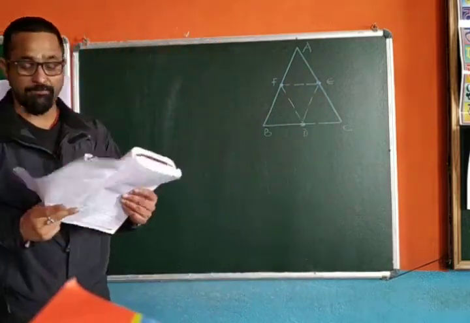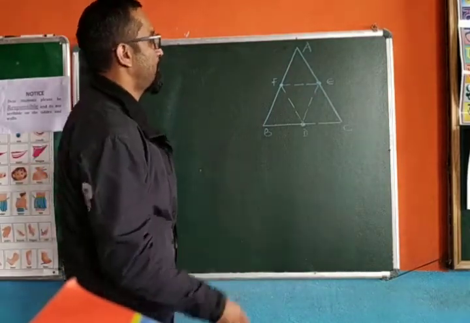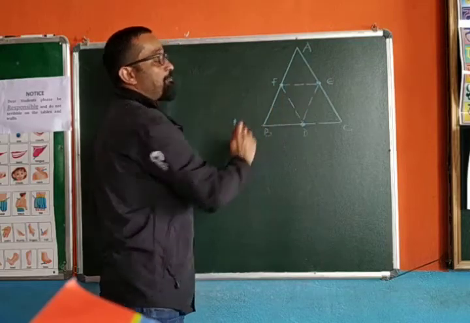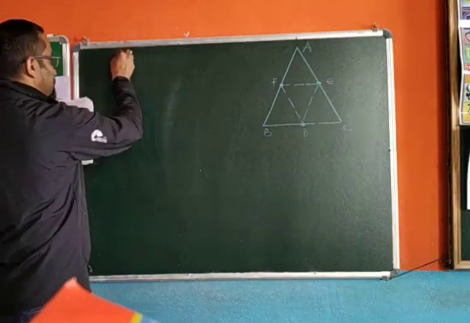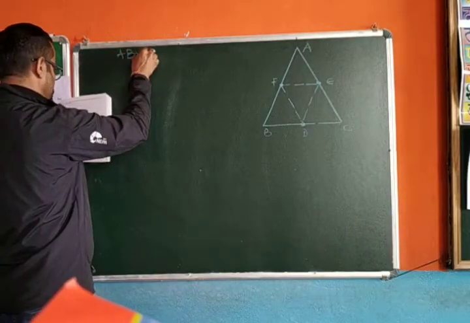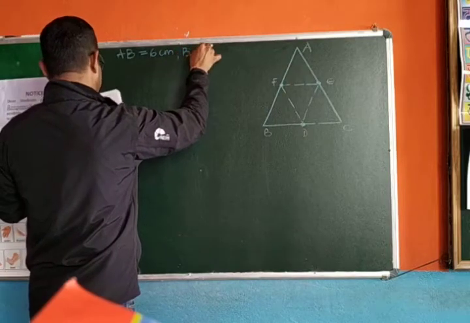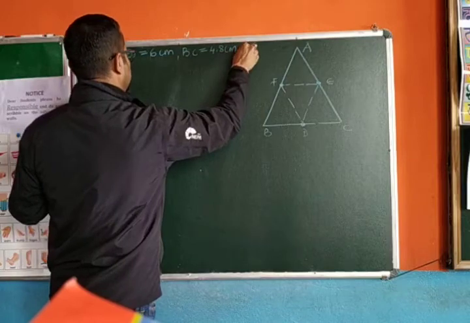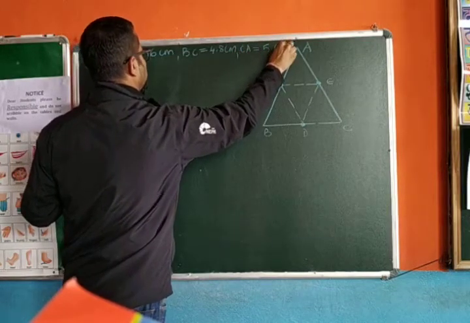The question says to find the perimeter of the trapezium. A trapezium is a four-sided figure in which opposite sides are parallel. The length of AB is given in the question, which is equal to 6 cm. BC is given as 4.8 cm. CA is given, which is equal to 5.6 cm.